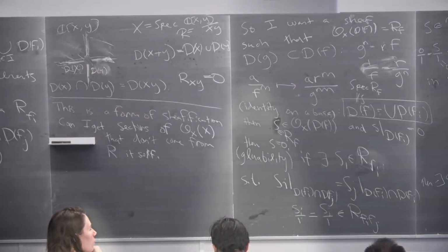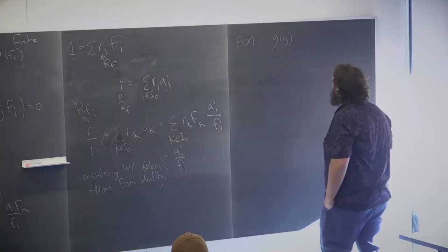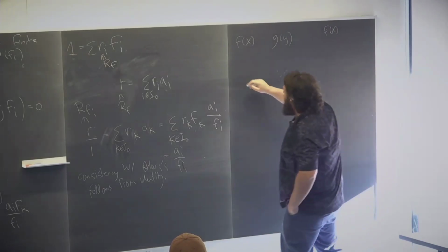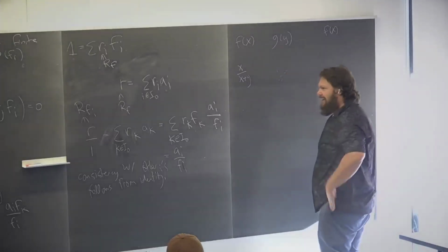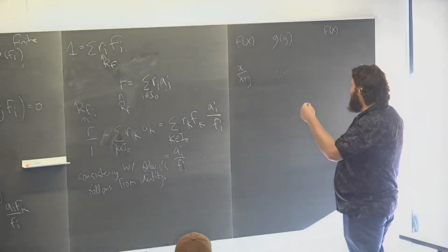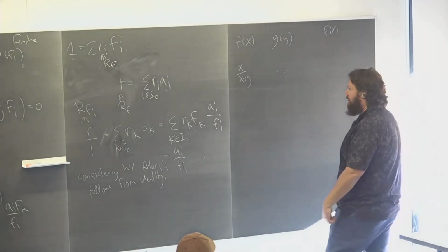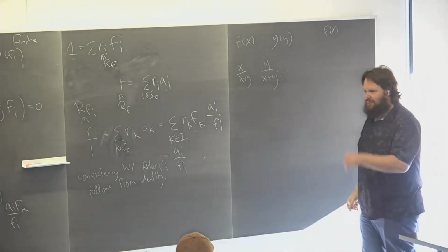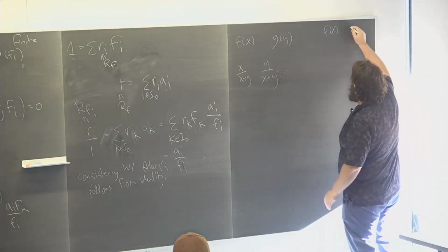If you want to think about this carefully, I think I got this right: if I have a Laurent polynomial in X and a Laurent polynomial in Y, then the way to glue these together is to write x divided by x plus y, which is the function that's 1 on the x-axis and 0 on the y-axis, and y divided by x plus y, which is 1 on the y-axis and 0 on the x-axis.